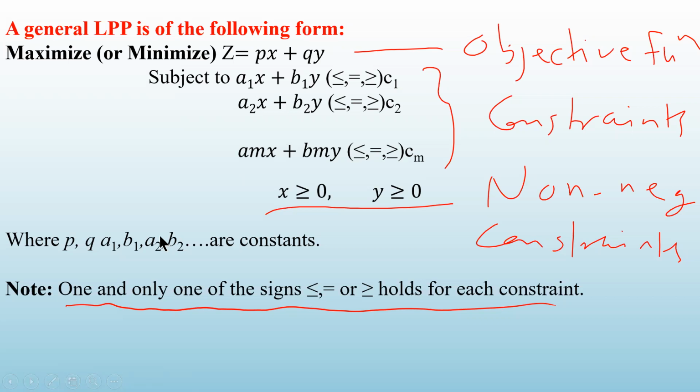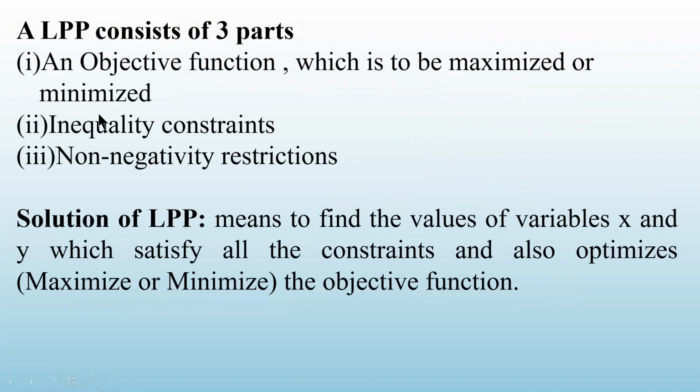Now, in your syllabus, you will have only 2 variables, x and y. But in general, there can be more than 2 variables. Because in your syllabus you have to solve the linear programming problem by the graphical method, there are only 2 variables in your case. Now, what is the meaning of the solution of a linear programming problem?